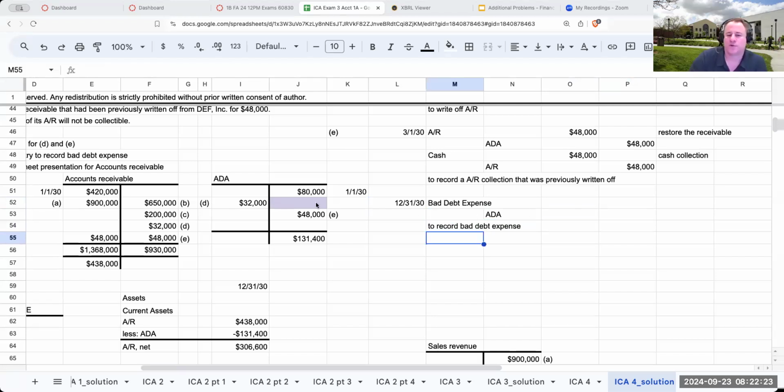Okay. So in this one over here, this is a little bit trickier, right? So if I call this 80 plus X plus 48 minus 32 equals 131.4. I'm solving for X. I need to know what this amount is.